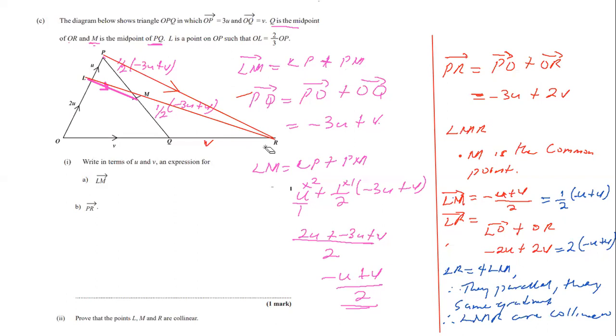They'll give you the cosine rule and the sine rule, but they're not going to give you the midpoint of a line or the equation of a line.